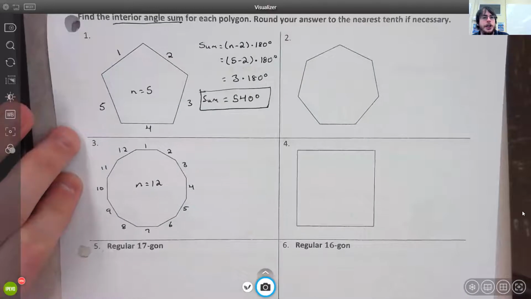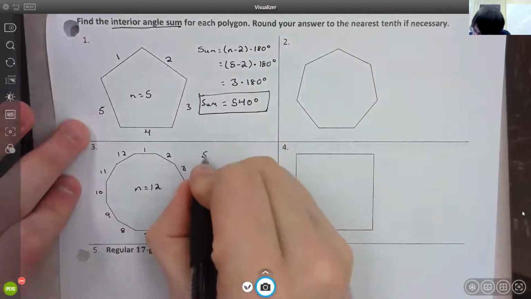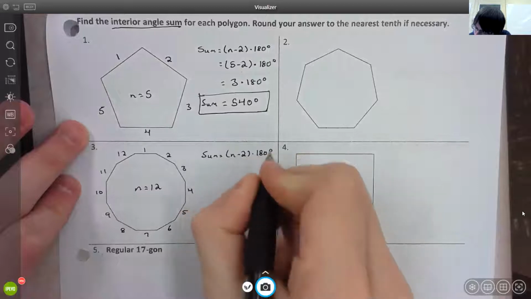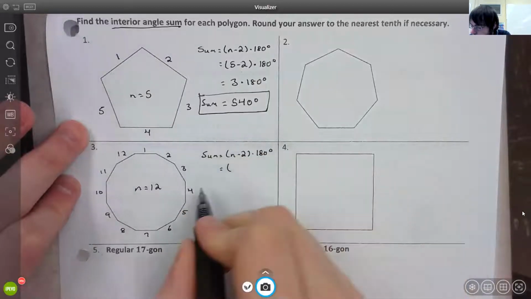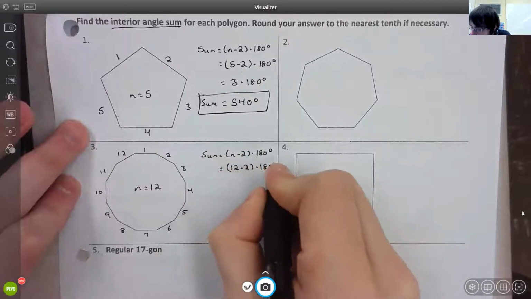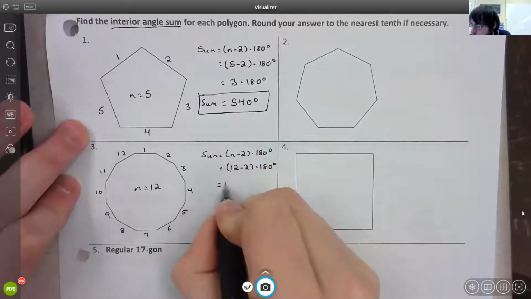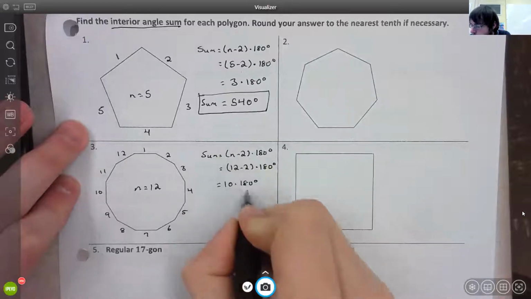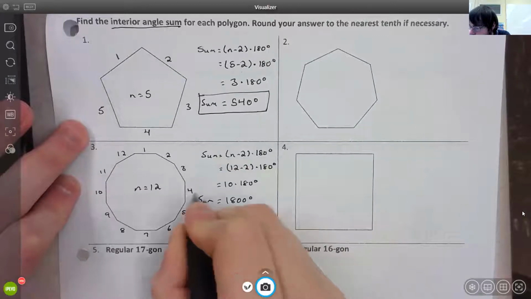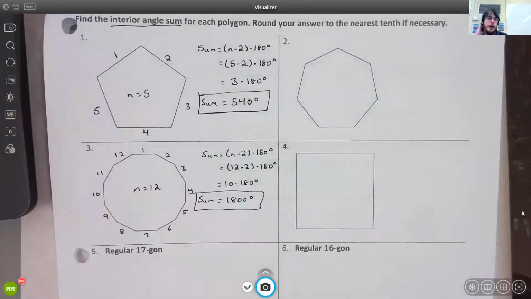We're looking for the interior angle sum. So the sum is equal to n minus 2 times 180. So 12 minus 2 times 180. 12 minus 2 is 10. 10 times 180 is 1800. So our sum there is 1800.